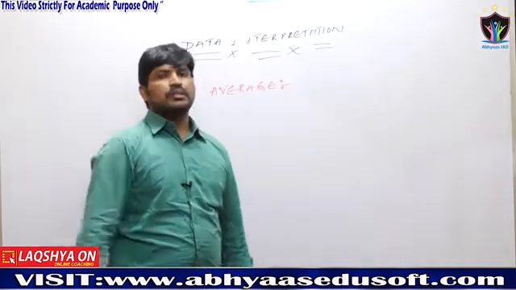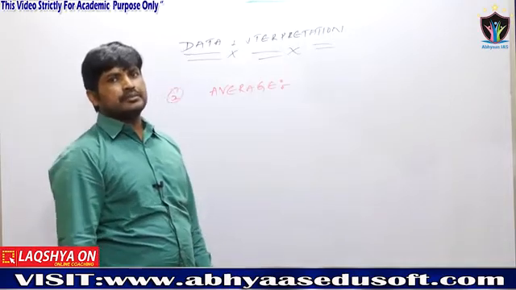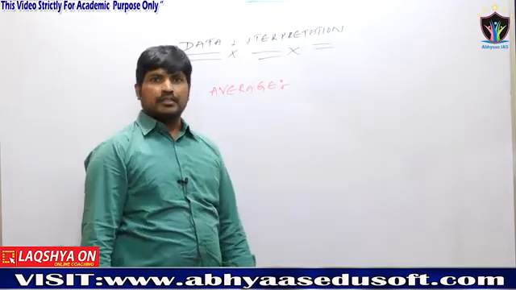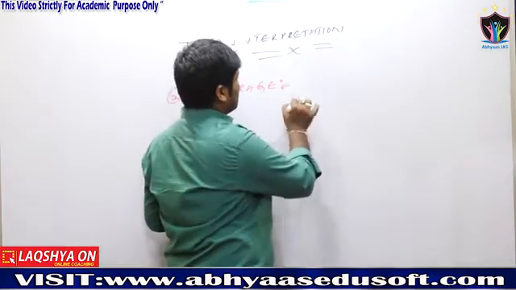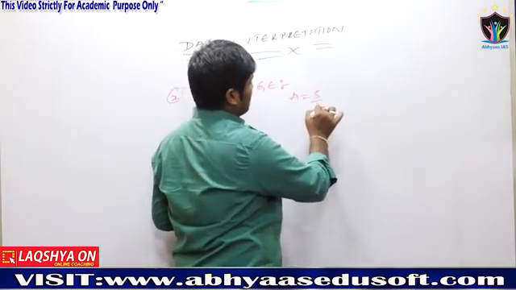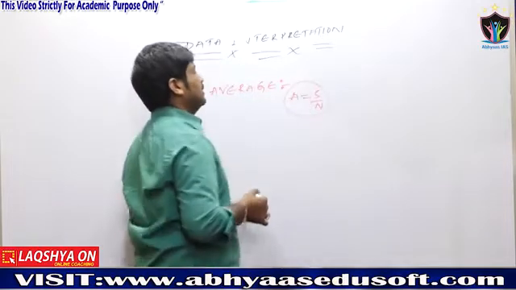So we know that average means the sum of the observations divided by the number of observations. We are familiar with this. So A is equal to S by N. This is the only thing we have to do.